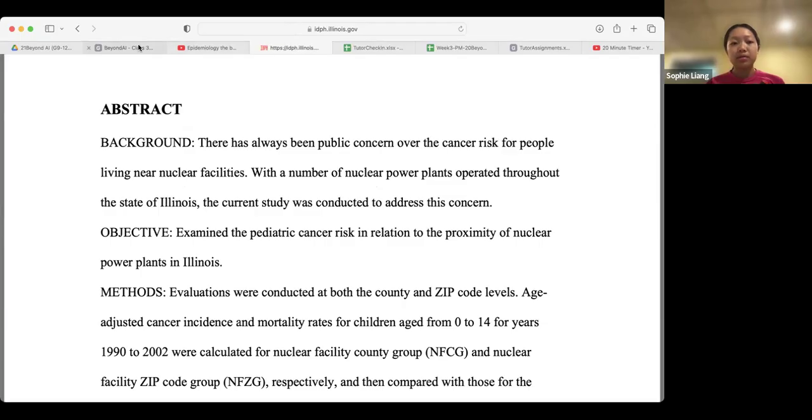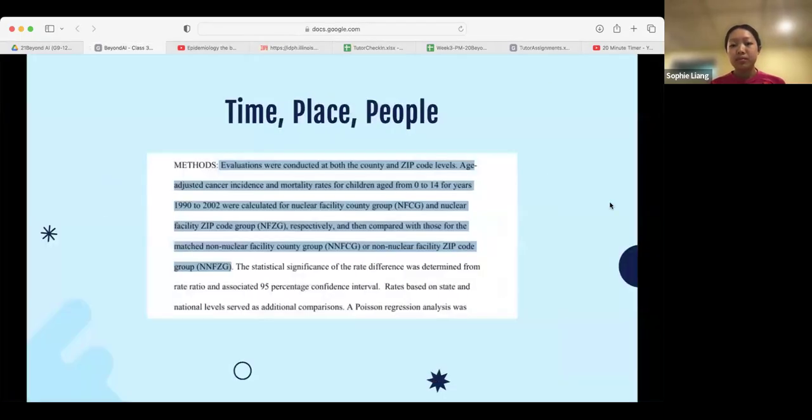Okay, it's been a few minutes, so let's look at the next slides. So the time, place, and people, they're all in this section. Can someone find out what they are? You can type in the chat, say it out loud, or underline it.